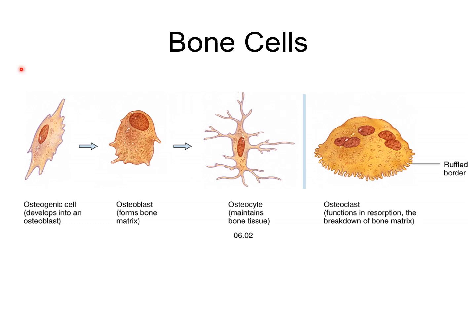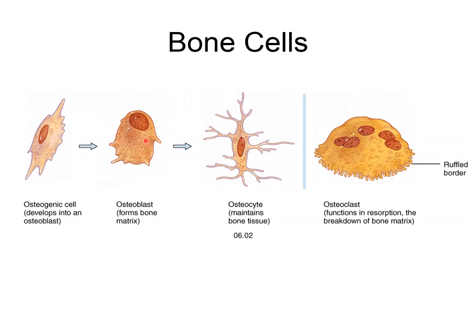This fluid matrix is called osteoid, that is the matrix of bone before deposition of calcium. Later on, osteoid is converted into bone when calcium gets deposited into these osteoids.